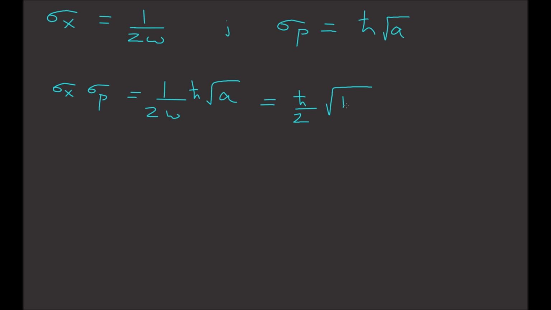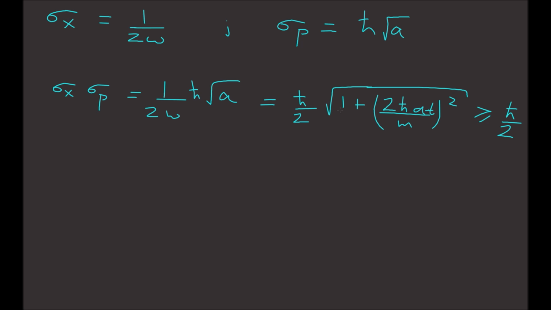times the square root of 1 plus 2 h bar a t divided by m squared, which is definitely greater than or equal to h bar over 2, right?